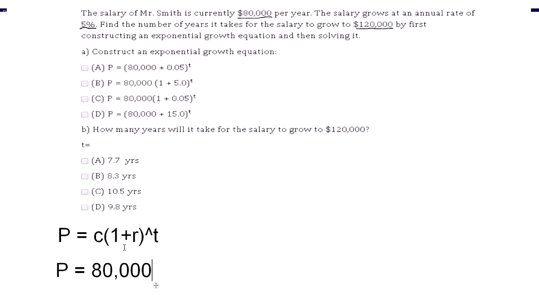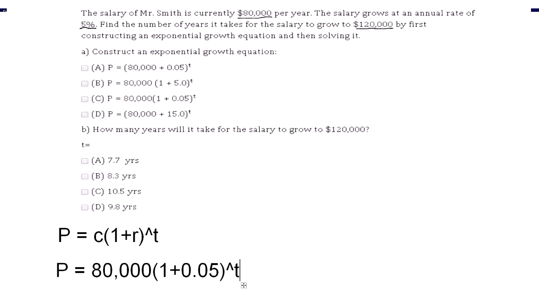Then multiply by 1 plus the rate of growth, which is 5%. But it can't be a percent, so you need to change it to a decimal, and that would be 0.05. Close parentheses, and then to the power of t, which is always unknown, because that's what we want to find.